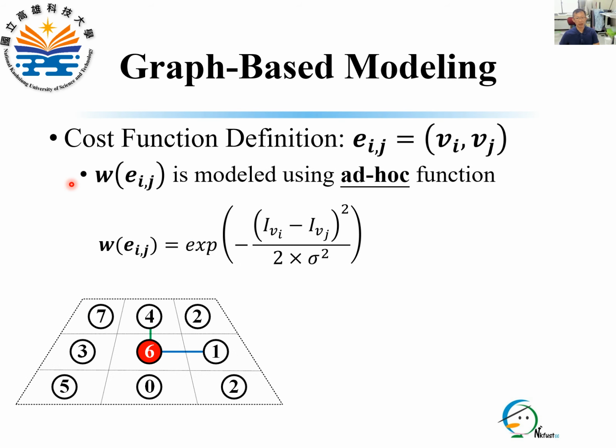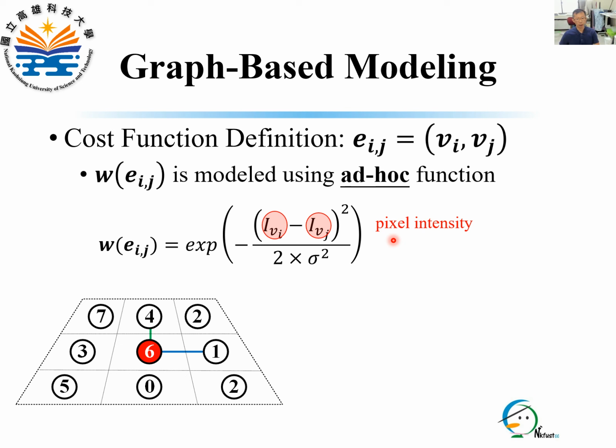In this paper, the cost function of the neighboring edge is defined as an ad hoc function. For the neighboring edge E sub ij that connects Vi and Vj, the cost of E sub ij is given by this equation.